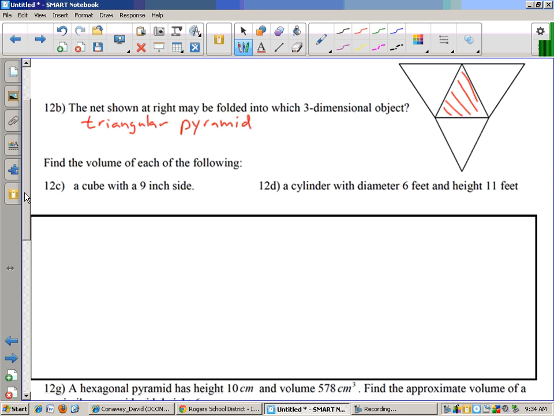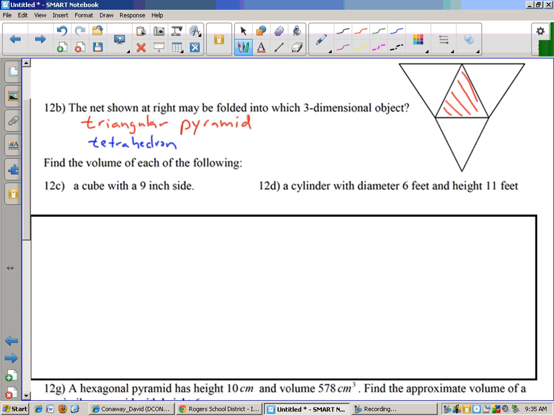Well, all of them would be equilateral. And if they were all the same exact shape, they become a, what was the one we just talked about? Platonic solids. What's the name of the one with four? Tetrahedron. Good. If these were all equilateral triangles, then you have a tetrahedron, if they're all regular shapes.